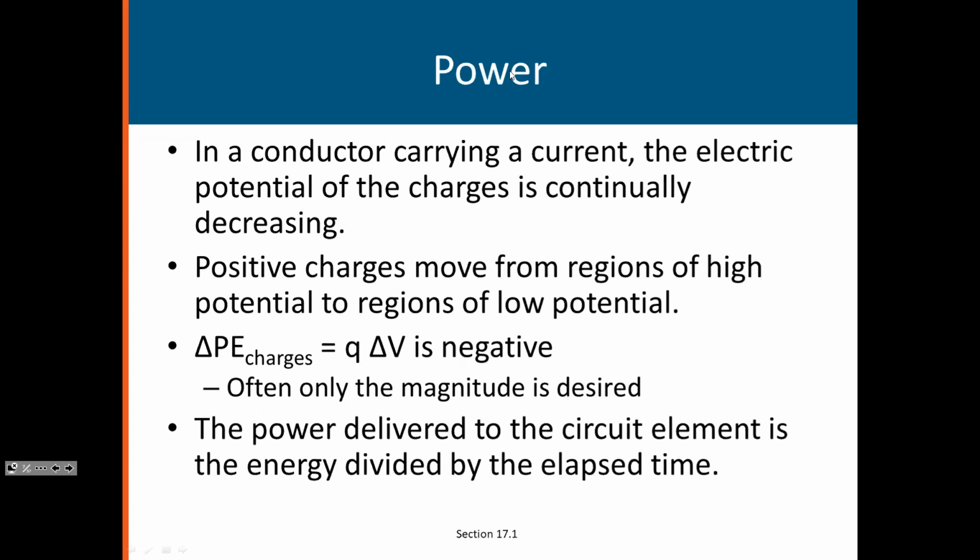A positive charge will move from higher potential to lower potential. Negative charges will move from lower potential to higher potential. So it's two different things: potential and potential energy. Positive charges move from a region of high potential to a region of low potential.